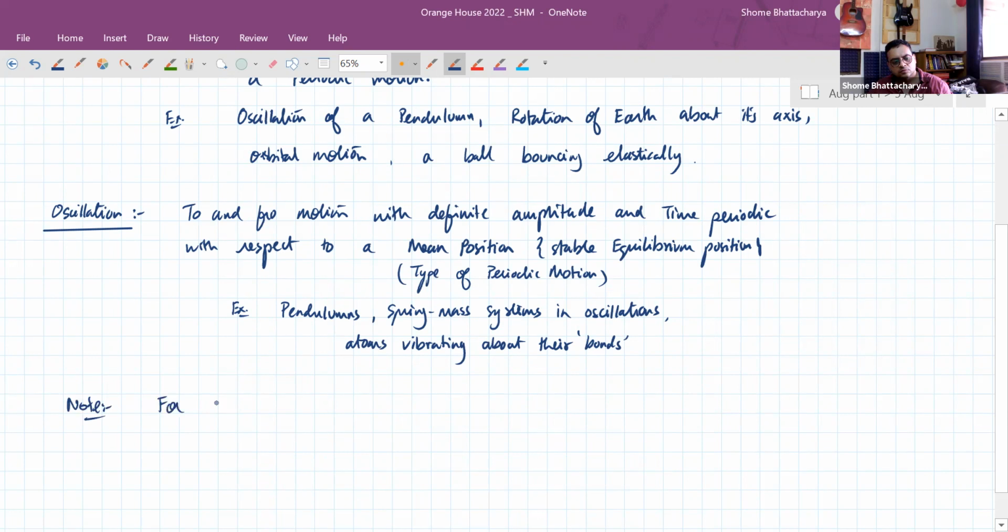For any system to be able to oscillate, it must have a stable equilibrium position.